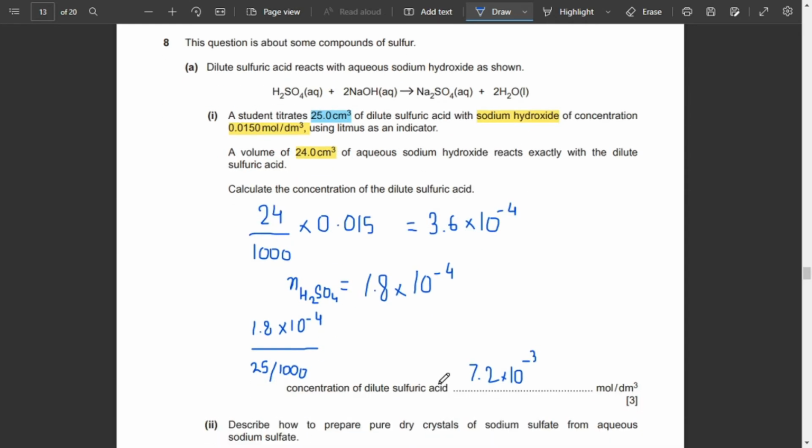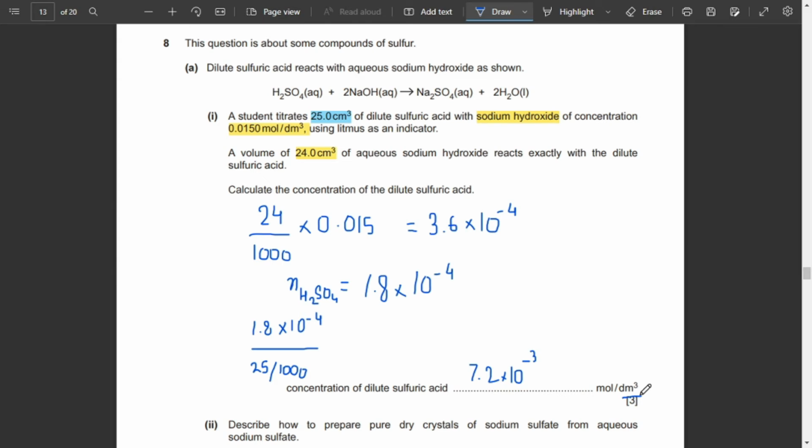Now to find the concentration, concentration equals moles upon volume. So here are the moles and this is the volume. Again we had 25 cm³ of dilute sulfuric acid. We convert it to dm³, since our answer is in mol per dm³. And then you calculate it.